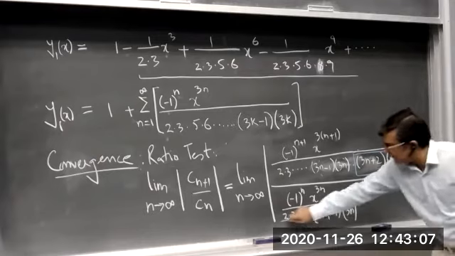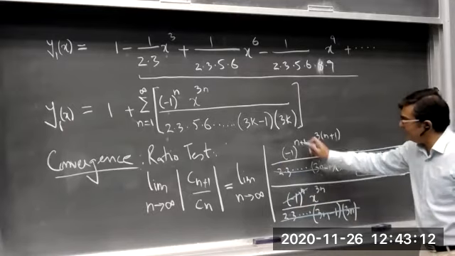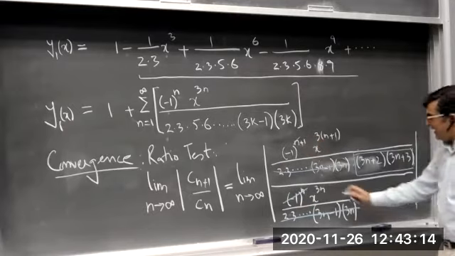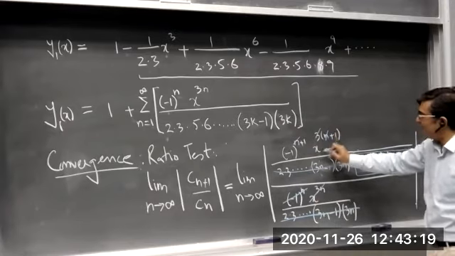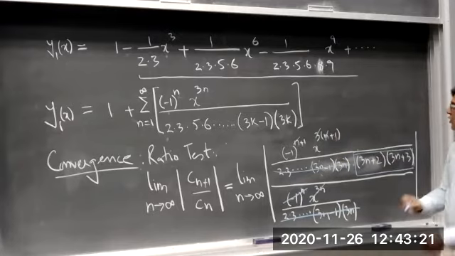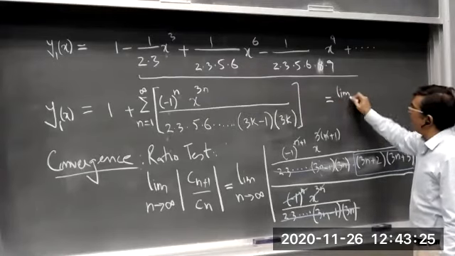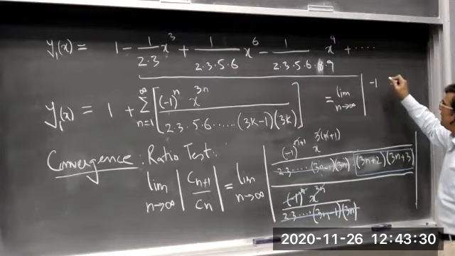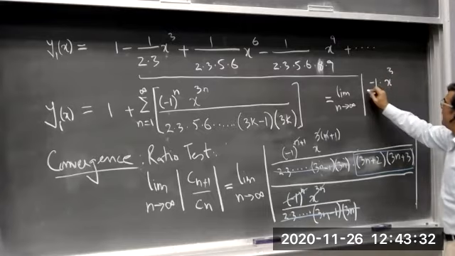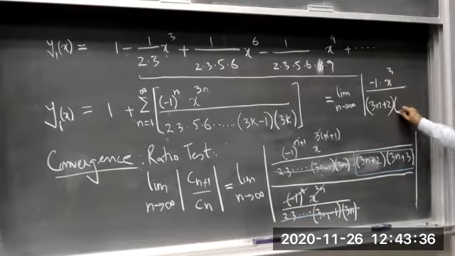So what we are left with is limit n goes to infinity, minus 1 times x raised power 3 divided by 3n plus 2 into 3n plus 3. This one.